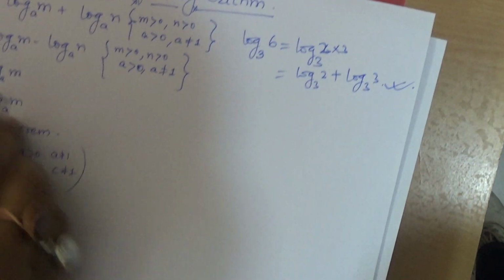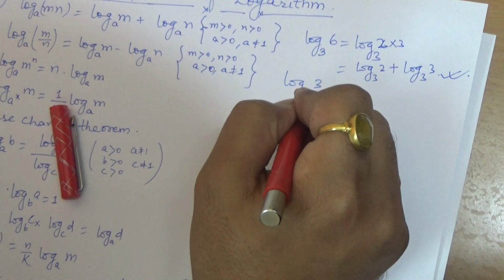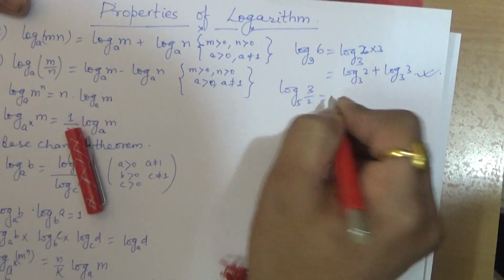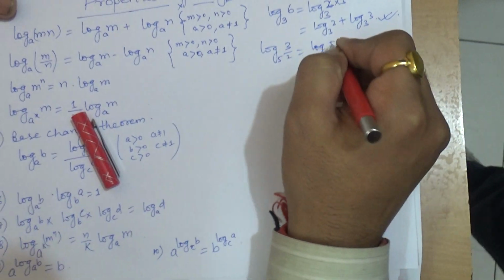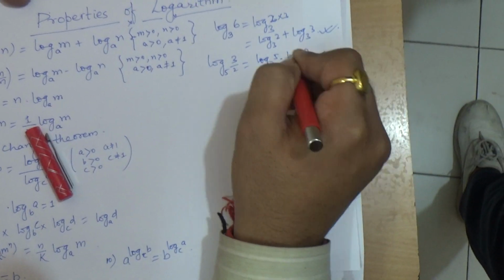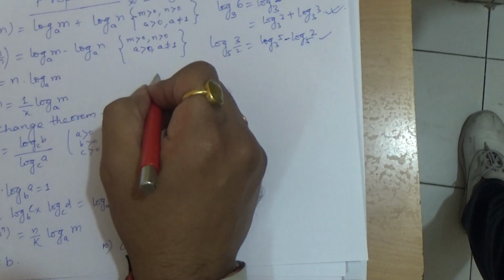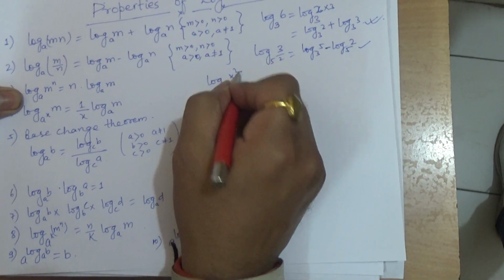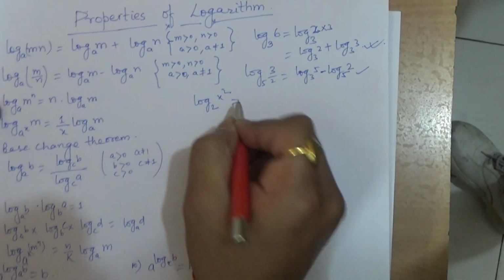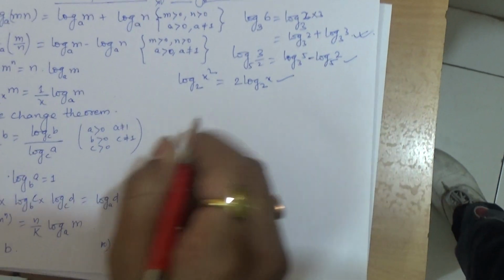These are examples. Similarly, if we are given log 3 upon 2, with base 5, we can write it as log 3 base 5 minus log 2 base 5. It is the difference rule. And if any power is given, log x square base 2, we can write it as 2 log x base 2.